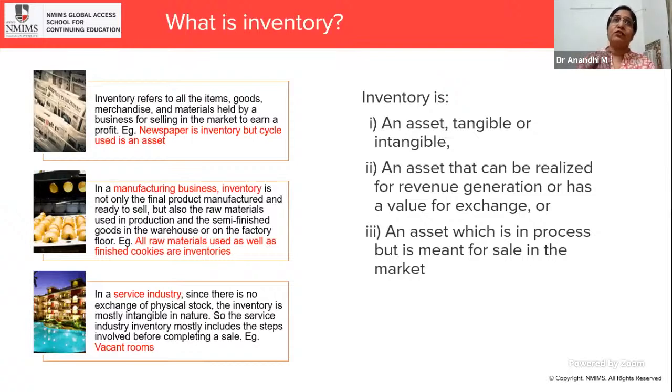The problem here is the next day or the next weeks to come, you cannot sell it doubly, right? Since yesterday it was vacant, the next day it cannot be sold at a double rate, or you cannot go in for double occupancy. That is the problem that lies with service inventory.